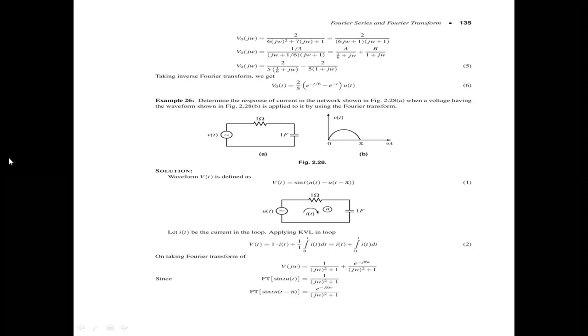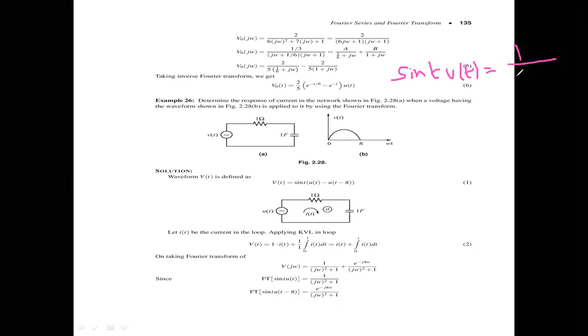Okay. So directly, without doing all these things, my dear students, we know one of the formulas. The formula is sine at mu of t is equal to 1 by (a square plus j omega whole square). What is a here? a is 1.